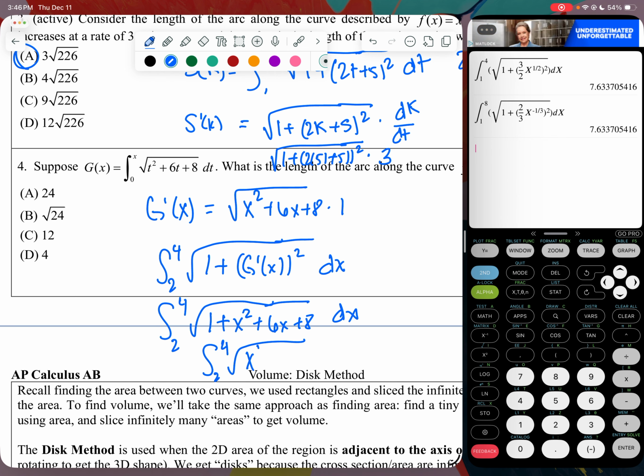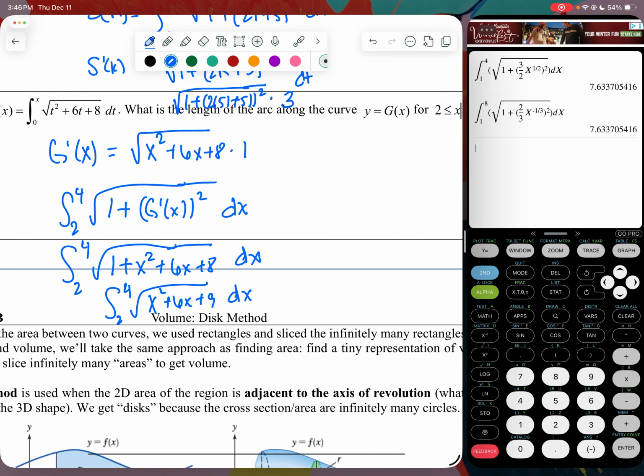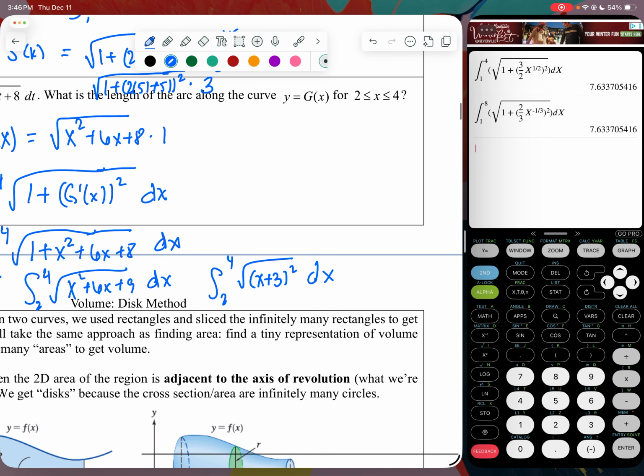Then we get x squared plus 6x plus 9 dx. Then we get x plus 3 squared dx. The x plus 3 squared and the square root will cancel out. So now I have the integral from 2 to 4 of x plus 3 dx.